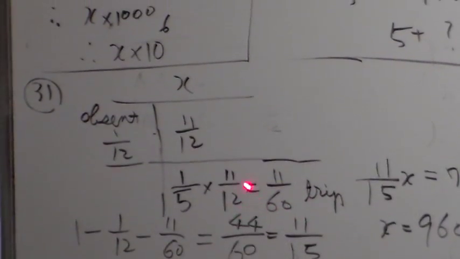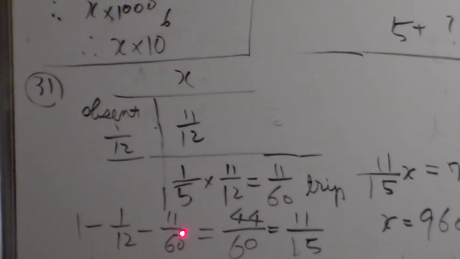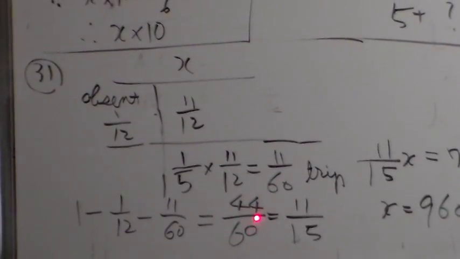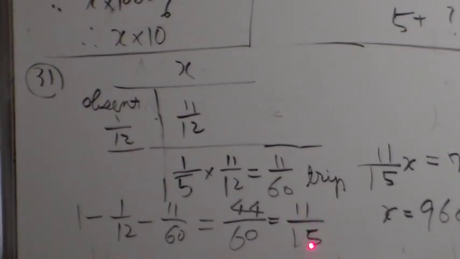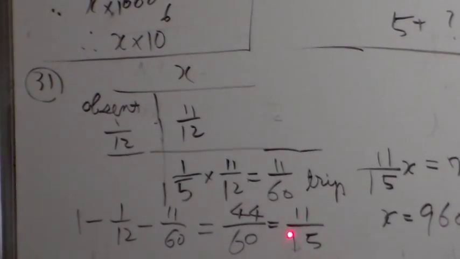So total is 1 minus 1/12 minus 11/60. So that is 44/60, and this simplified is 11 over 15. So 11 over 15 is now staying at school.